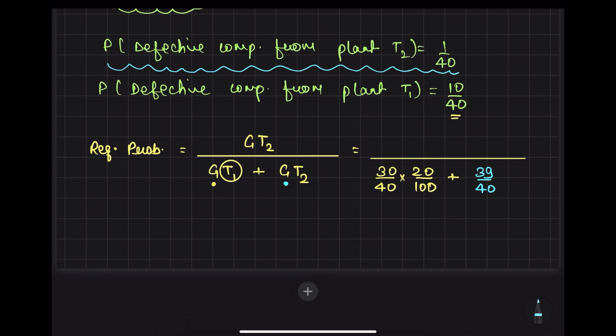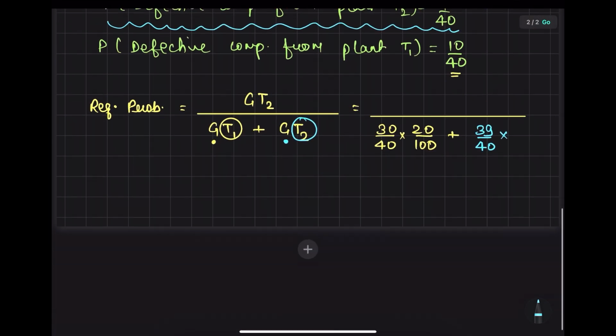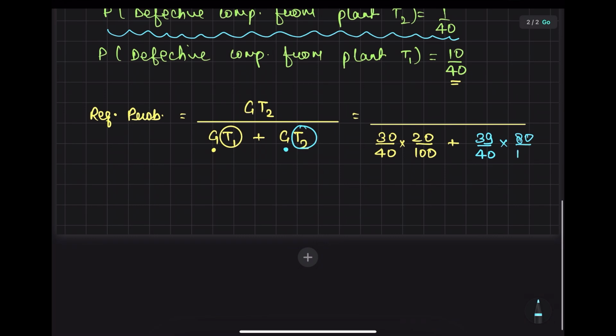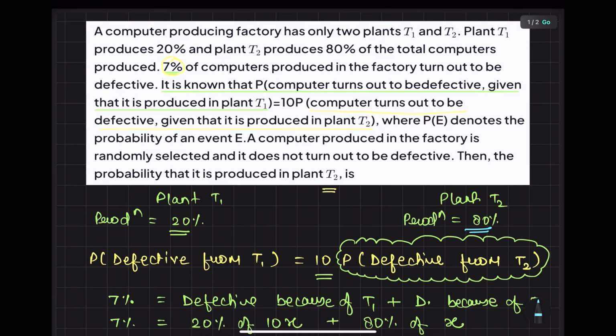Now you have to select a computer from plant T2, which produces 80%, so it is 80 by 100. Now you write down the second component: 39 by 40 into 80 by 100. Now you can simplify things and you will get your required result.